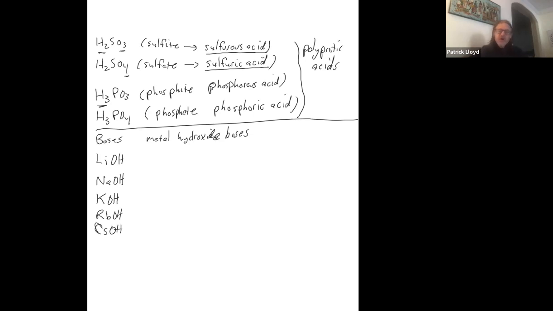So you'll notice all of those metals are group 1A metals. So it's a group 1A metal with 1 hydroxide. Now these are ionic compounds. They're not molecular, they're ionic. What they will do is they will just dissolve in water to form ions.